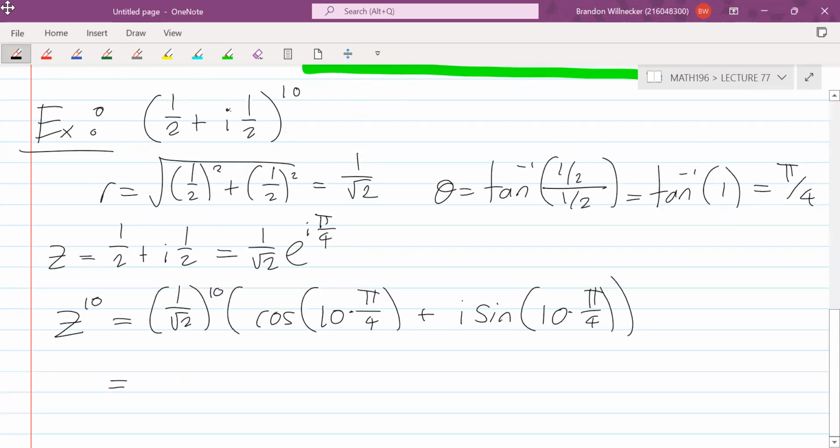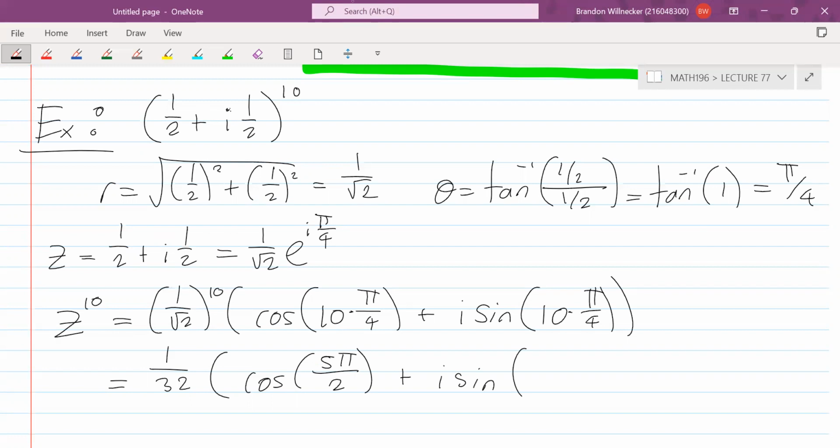So we can simplify this. 1 over root 2 to the 10 is the same as 1 over 2 to the 5, so that's 1 over 32. Cos of 10 times pi over 4, we can simplify that to 5 pi over 2. Plus i sine, again, 10 times pi over 4.